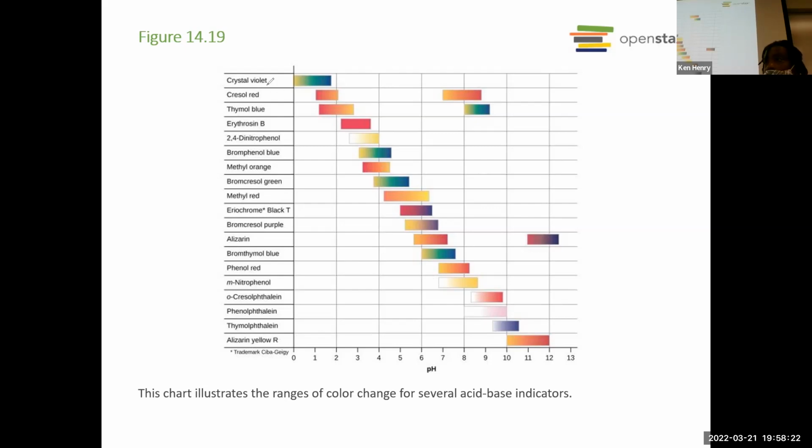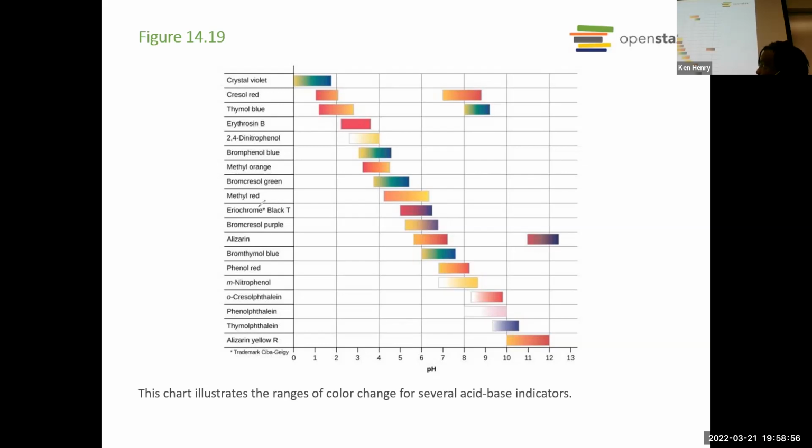So here we have crystal violet, cresol red, thymol blue, erythrosin B, 2,4-dinitrophenol, bromophenol blue, methyl orange, which you guys have been familiar with so far.